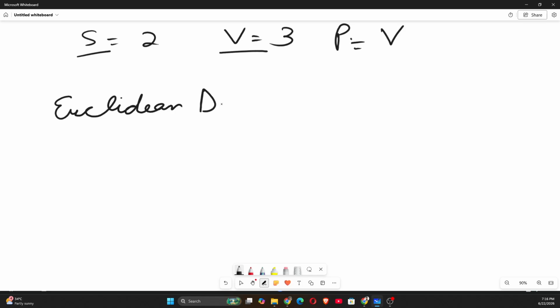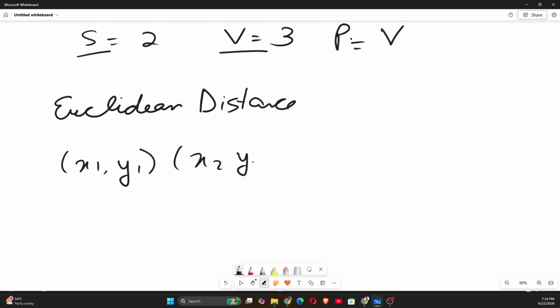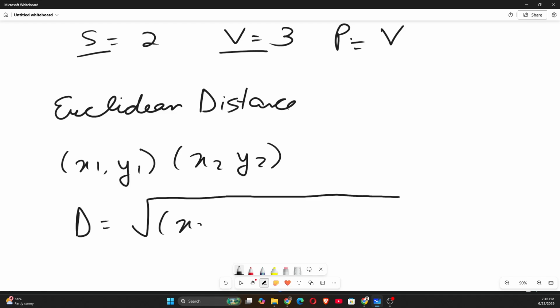The formula for 2 points, where one point is x1 comma y1 and the second point is x2 comma y2: what would be the distance? It is the square root of x2 minus x1 whole square plus y2 minus y1 whole square.